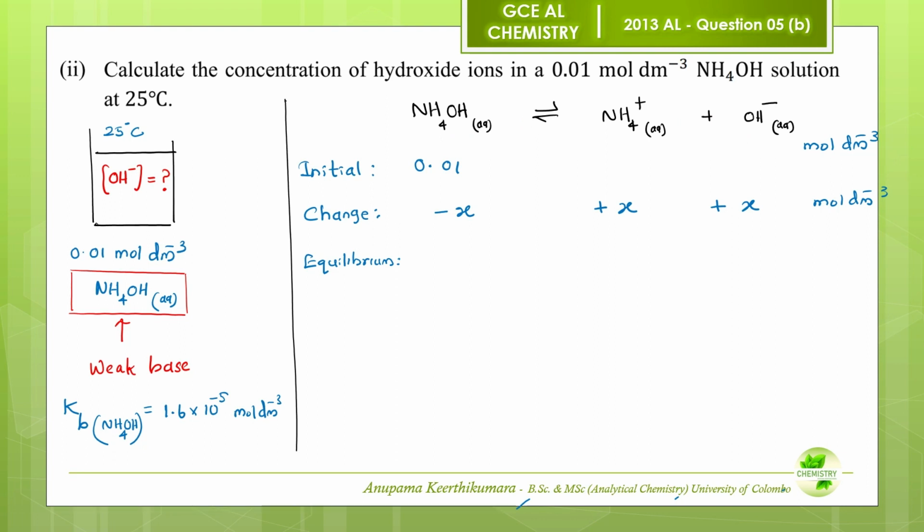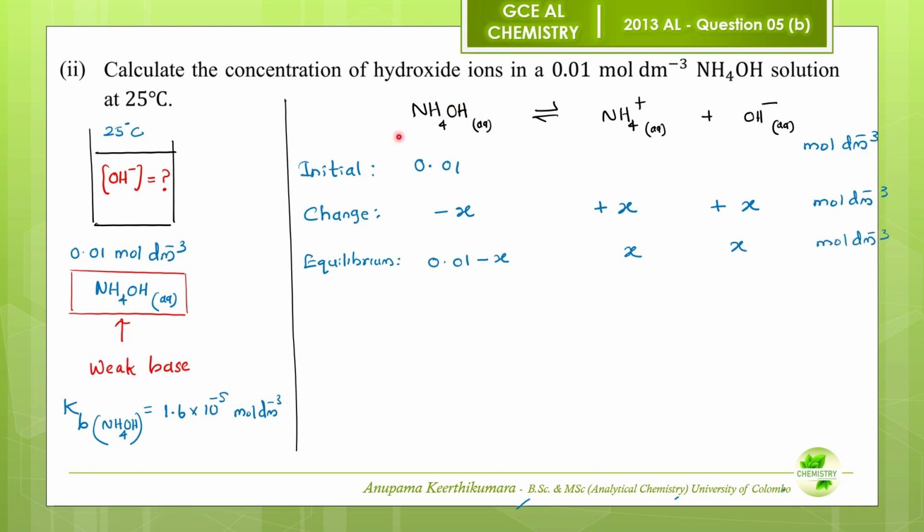At equilibrium, the remaining concentration of ammonium hydroxide is 0.01 minus X, and the ammonium concentration as well as OH minus concentration at equilibrium is X moles per cubic decimeter.